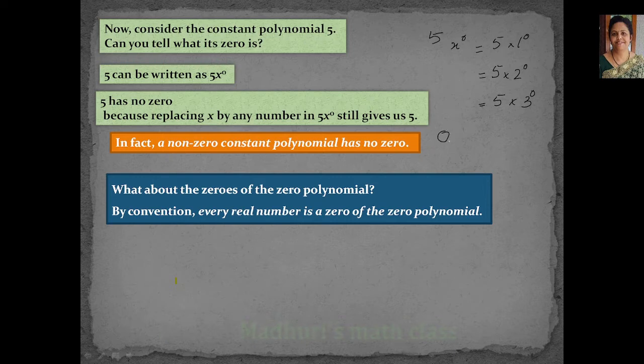So 0 is equal to 0 into 5 raised to 0, 0 into any number, 0 into 6, 0 into 9.